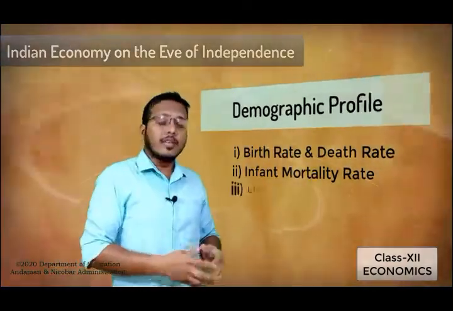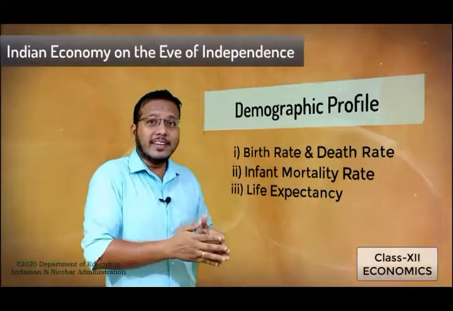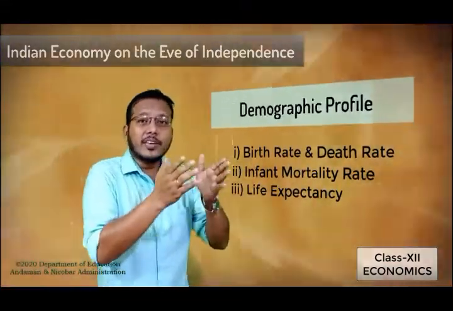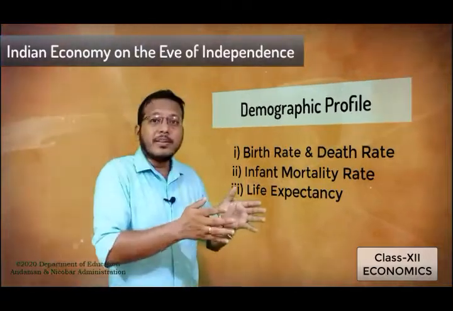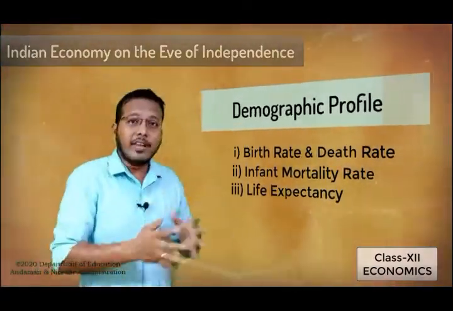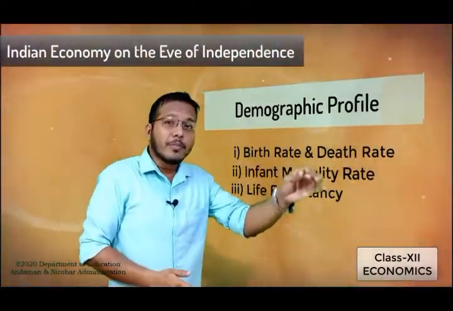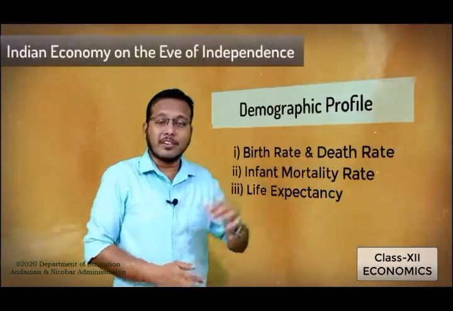And then we see life expectancy. Life expectancy says the average life of a person. That means it shows the age a person lives to in the country. The life expectancy rate shows the average age of the people living in that country.